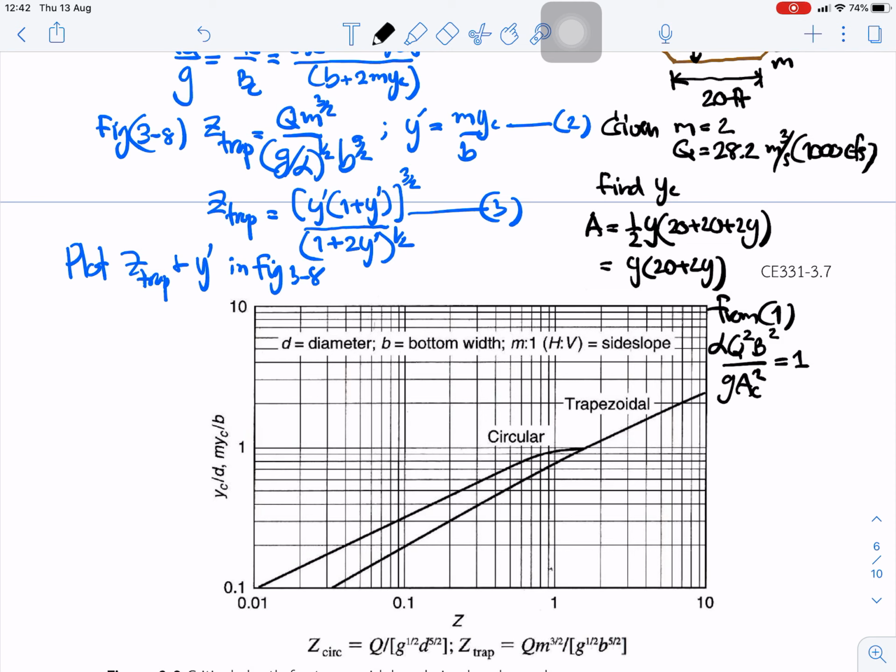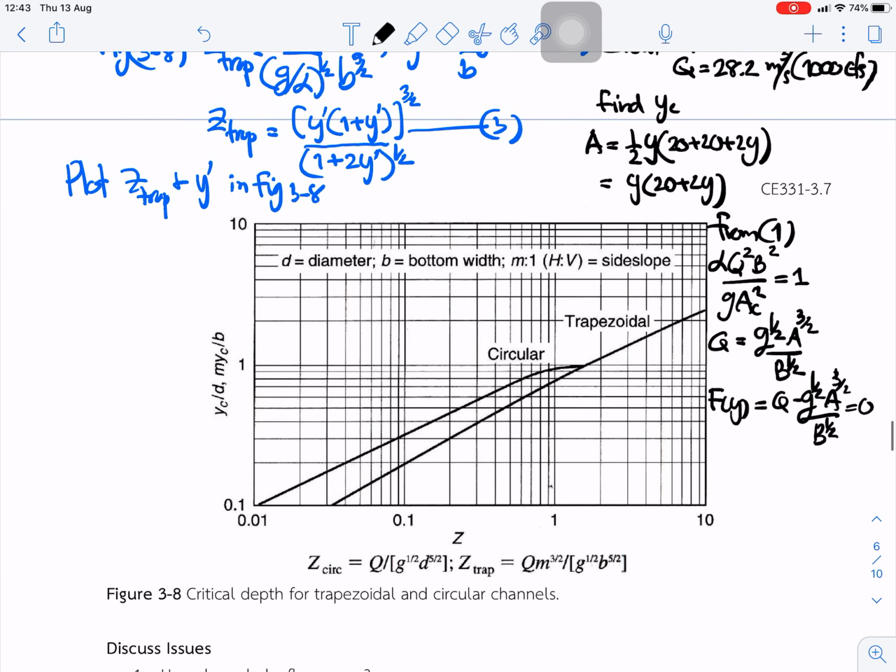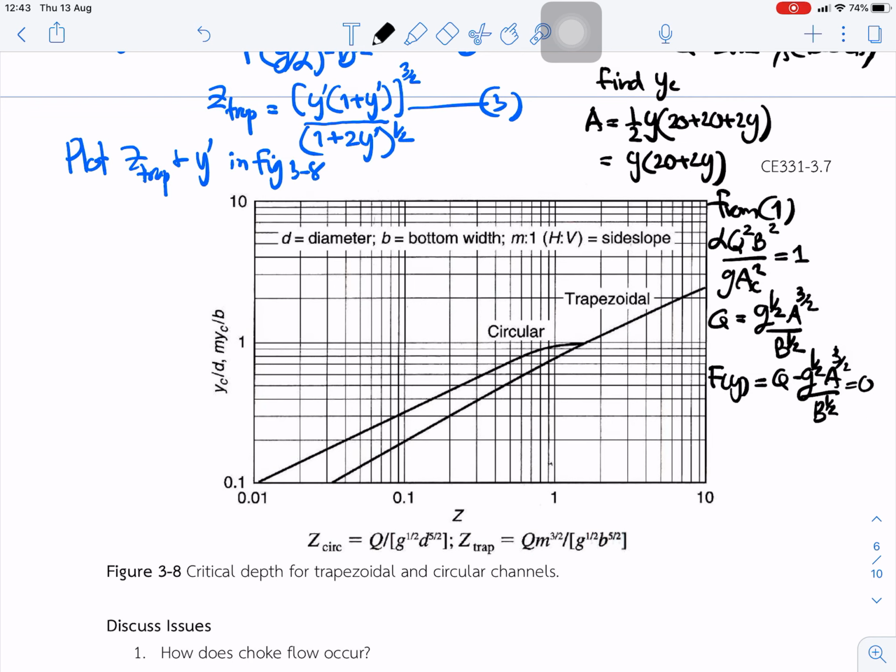So we can arrange to get what is the Q. Q is equal to a function like Q, subtract this parameter, equal to 0.